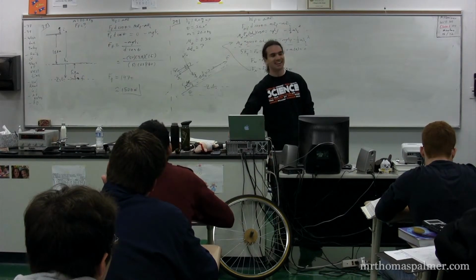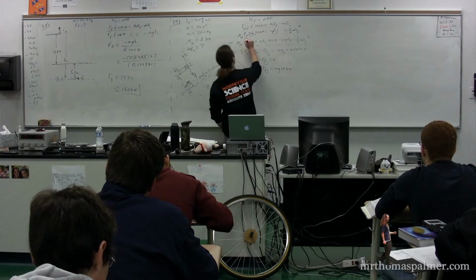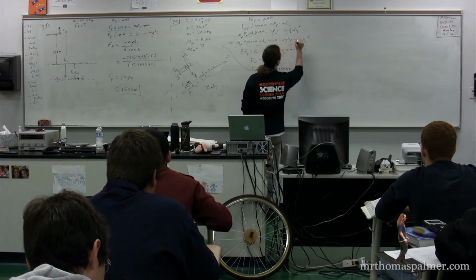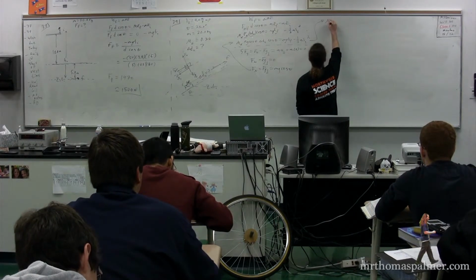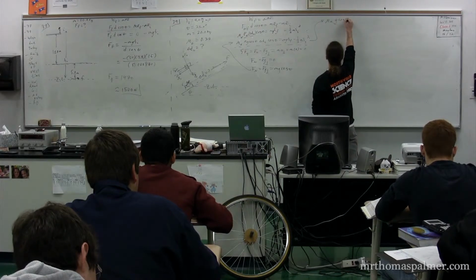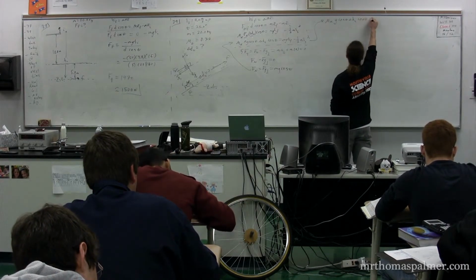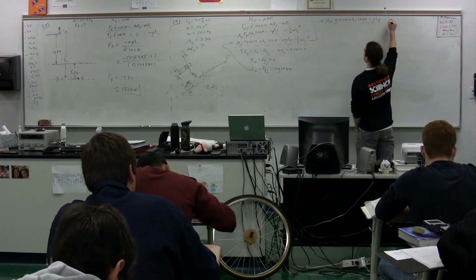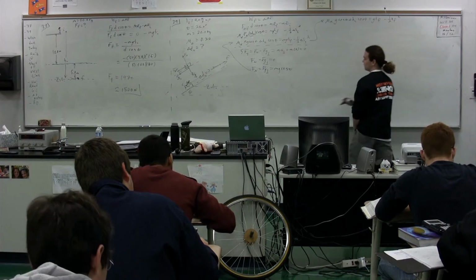Everybody brought mass in common, so we can take mass from everyone. So we have mu k times g times cosine of theta times delta d parallel times cosine of theta equals g h final minus 1/2 v initial squared.